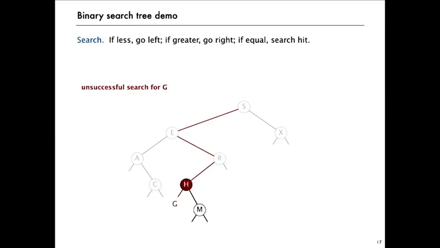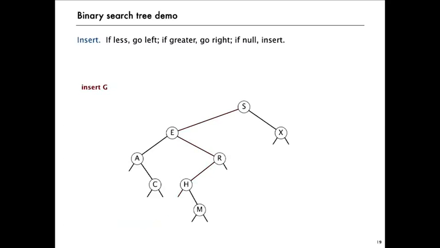And then we come off a null link. All that says is that there's no place in this tree where G could be. So G is not there. That's a search miss, and the get operation would return null in that case.